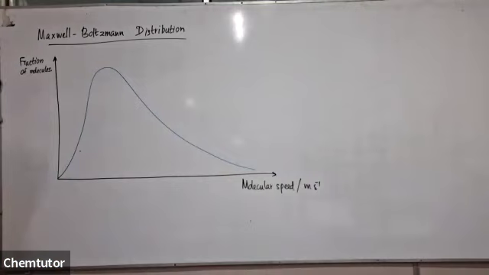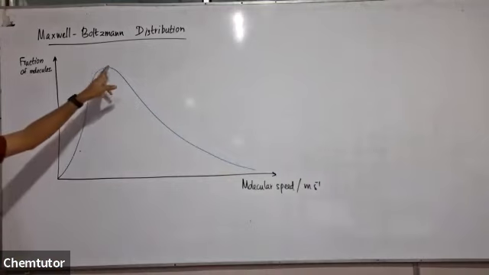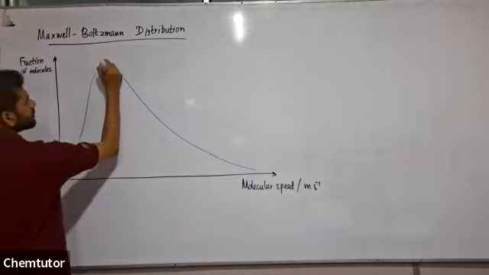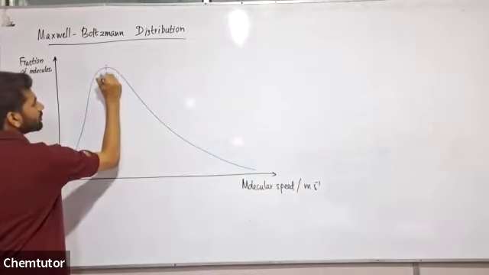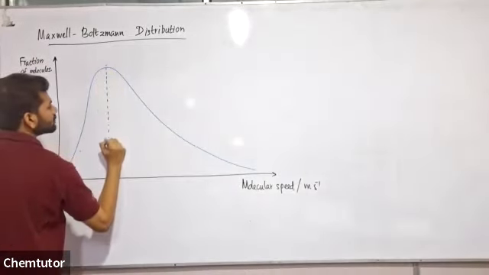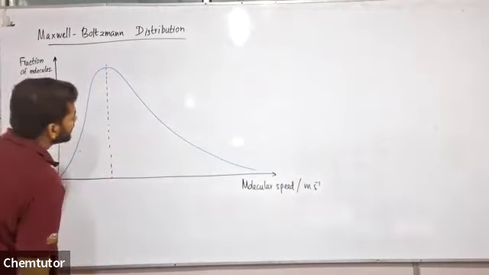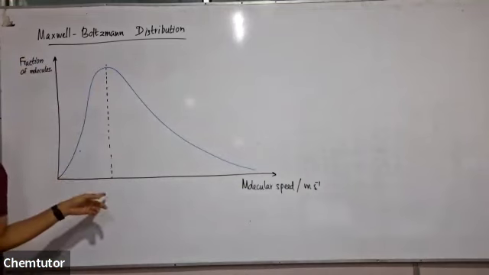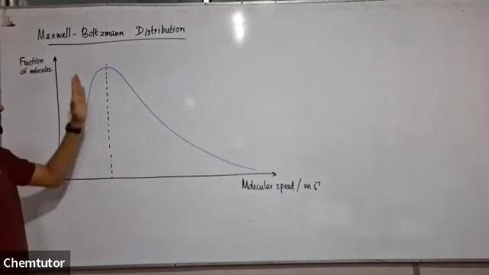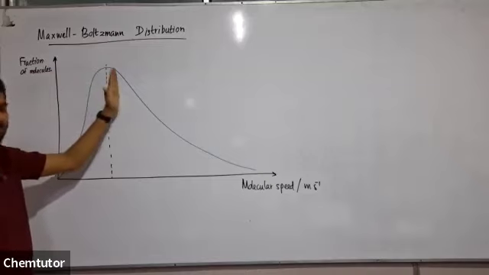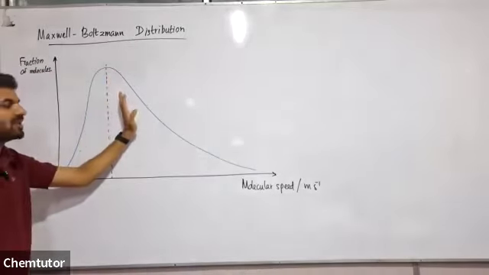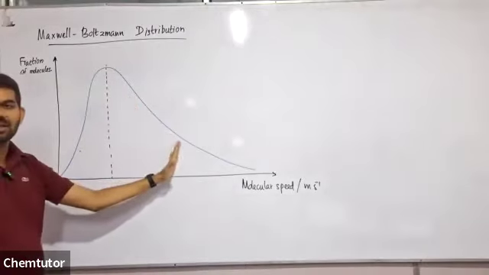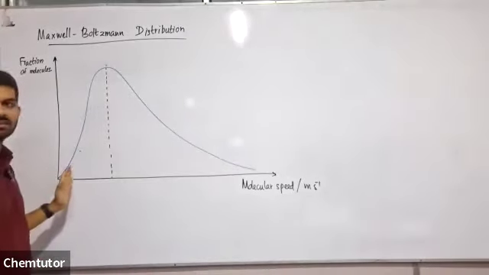Is it clear? Right. So this is the molecule speed that the highest fraction of molecules have. That is the peak, the root mean square speed that we calculate. Then there are some other fractions of molecules that have speeds higher than the root mean square speed and lesser than the root mean square speed.